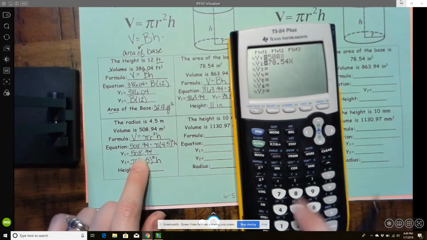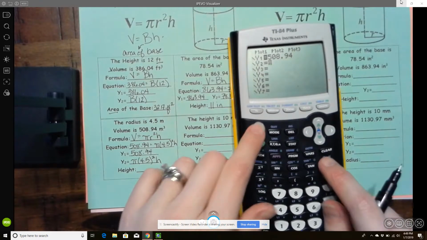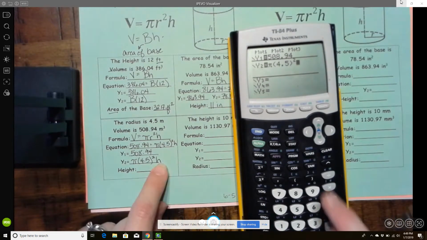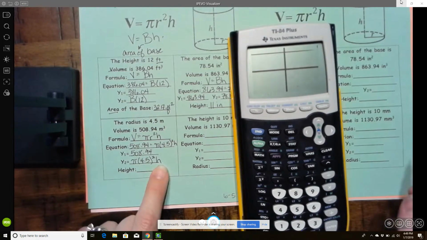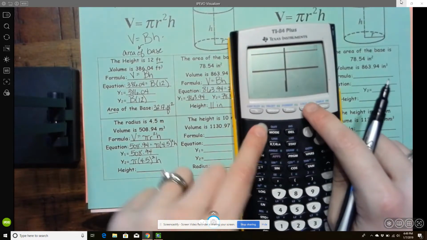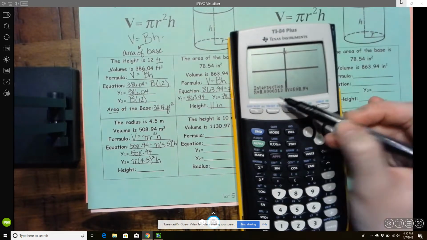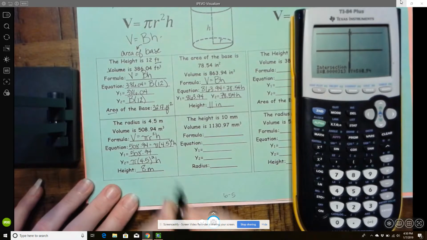All right, so 508.94. This is going to be pi times 4.5 squared times x. So second trace 5, and I get pretty much 8. So the height here would be 8 meters.